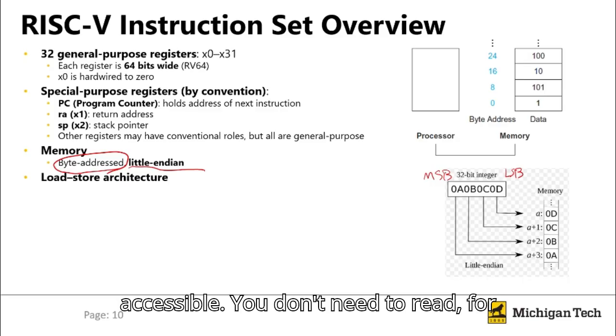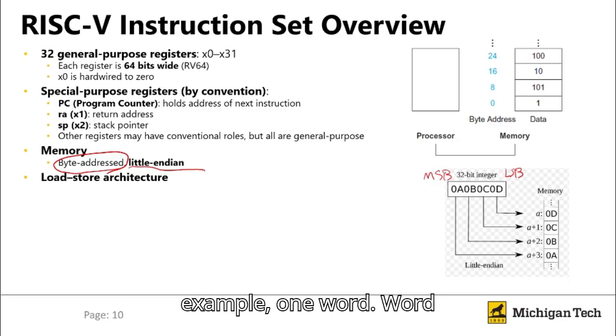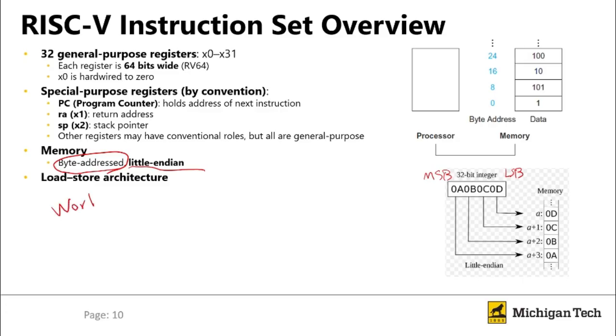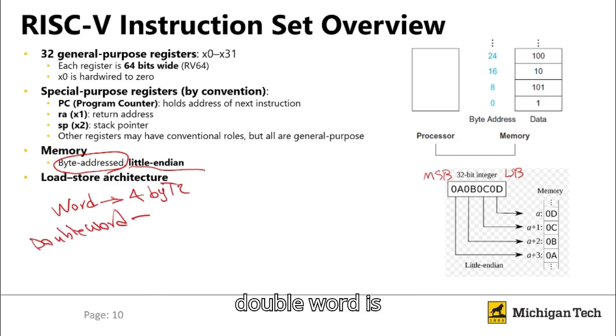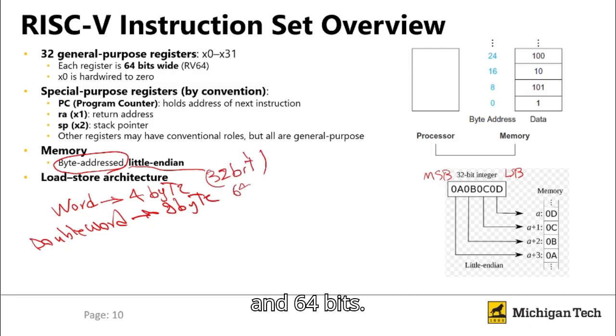You don't need to read, for example, one word. A word is 4 bytes, and a double word is 8 bytes in this computer, or 32 bits and 64 bits.